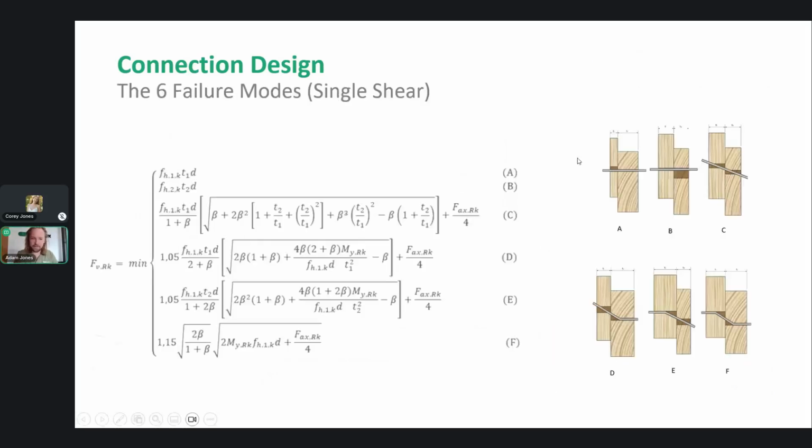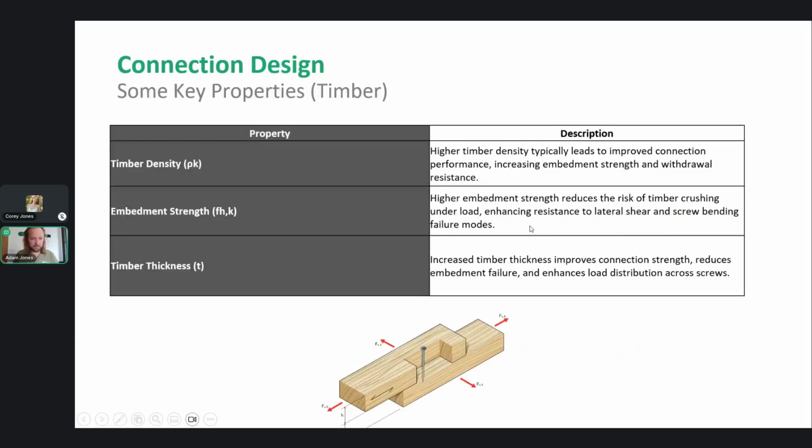So looking at timber to timber, there are 6 different failure modes in single shear that need to be accounted for. The actual equations look like a bit of a mouthful if you're seeing them for the first time, but as you come to understand the actual moving parts in each failure mode, you can develop an intuition for designing your connection well based on what you're going for.